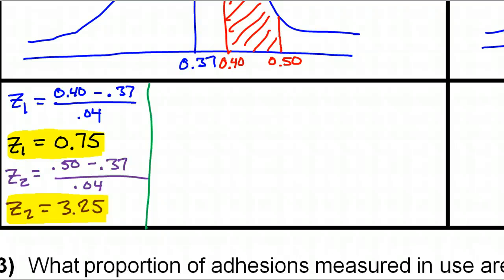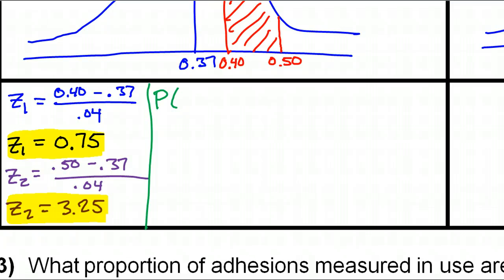Before we go to the table though, let's write down the symbolism. This is very important and you may not skip it. If we want the probability or proportion that's in between these two values, I'm going to do this.